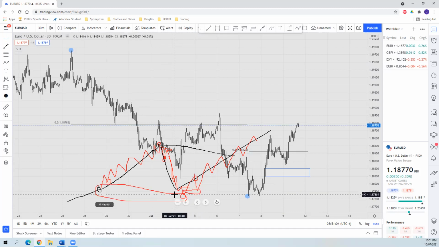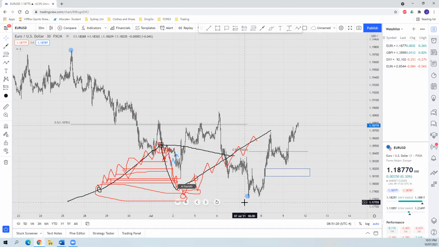Because if we had, let's say in here, where people get trapped, there'll be order blocks right here, right here, right here. But say this was induced, then this is going to work.